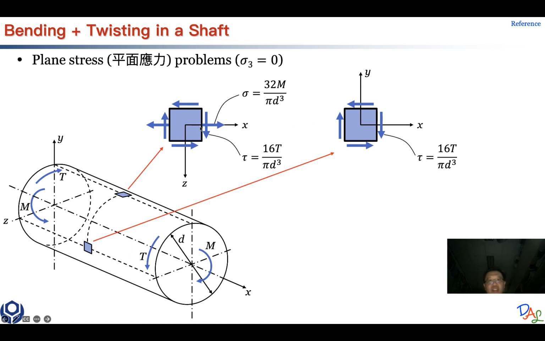From here you can see there's stress on the first plane and the second plane, but no stress about the third plane. Due to the loading condition we have, there's no force in the third direction. So those are called plane stress problems.